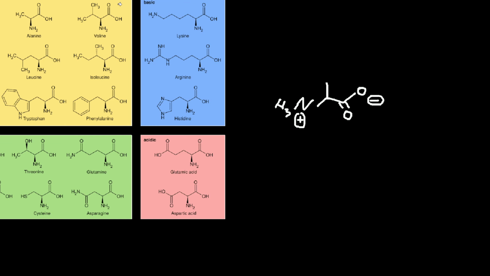So moving on. Two amino acids that you're not as likely to see on the exam are asparagine and glutamine. Asparagine and glutamine are two amino acids that have these amino groups as well.